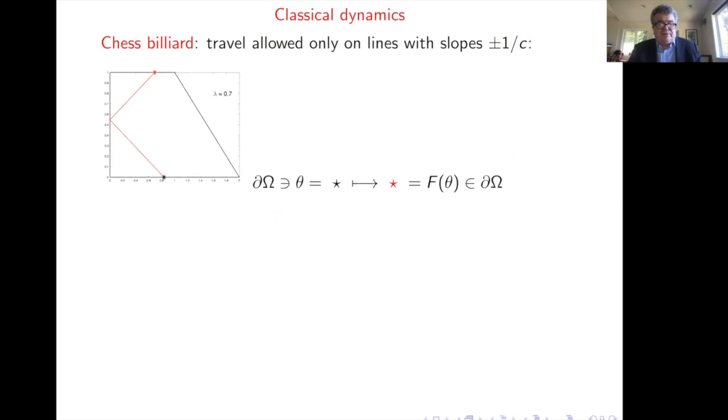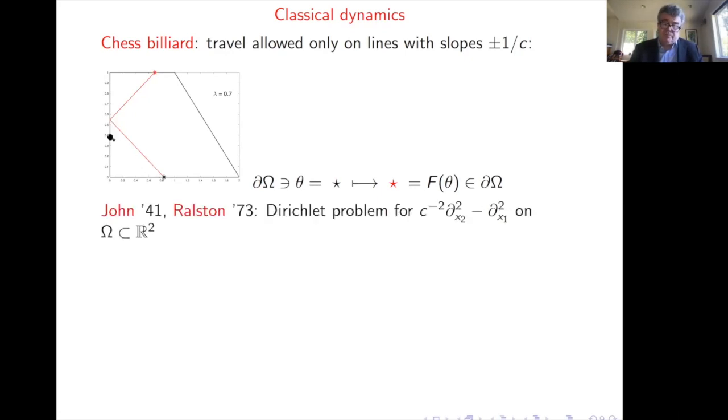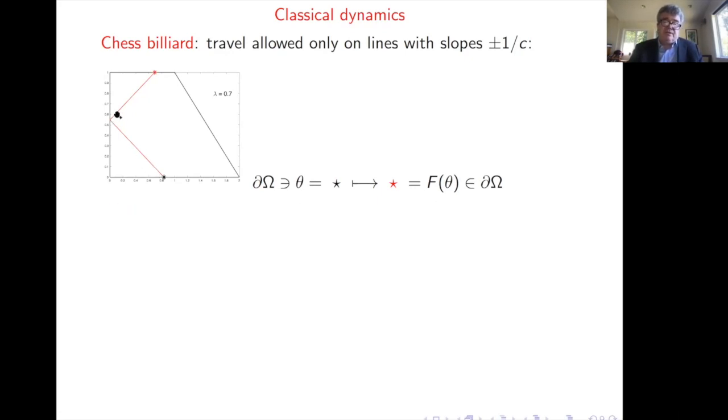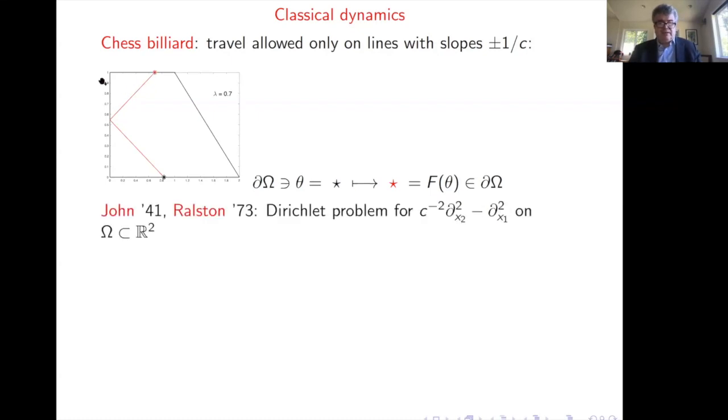So this is, I recall, the chess billiard. You take a point on the boundary, you move by minus 1 over c, and then you go plus 1 over c. And this was, as far as I know, first considered by Fritz John in a kind of a quirky paper in 1941, where he studied the Dirichlet problem in the plane for the wave operator, for the wave equation.